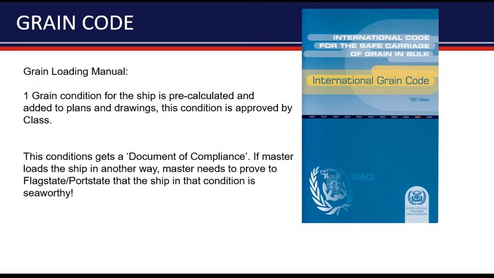This condition gets a document of compliance, and if the master is loading the ship in another way than mentioned in this grain loading manual, the master needs to prove to flag state or port state that the ship in that condition is seaworthy, and often it needs to be done by a handmade calculation.